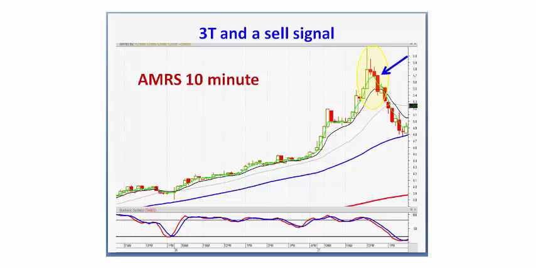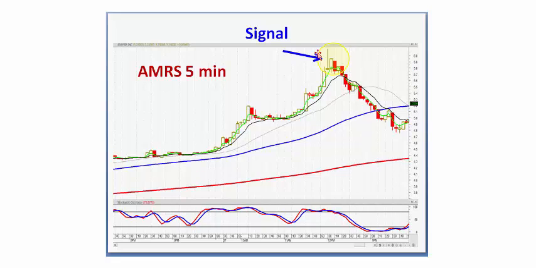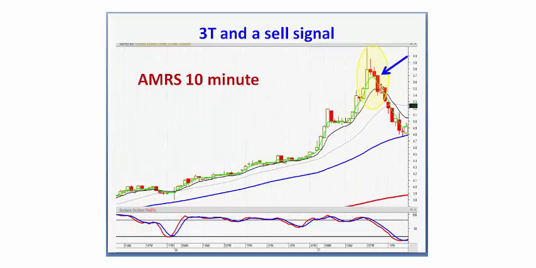If I want to move a little bit faster, I'll flip to my 5-minute chart to see if the 5-minute and the 10-minute are both confirming. If the 5-minute is starting to come back below the T-line, what's that doing to my 10-minute chart? Is it taking me down? Let's see.